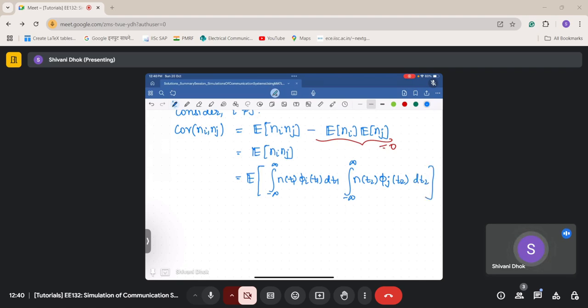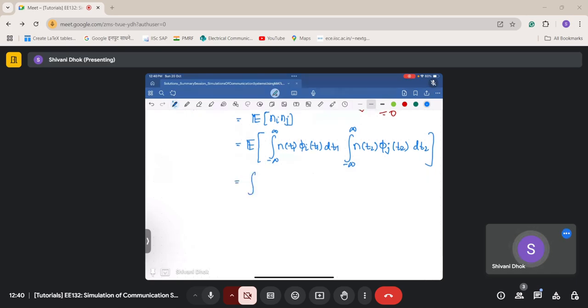I can take the integrals common. Let's do one step at a time. Expectation of the double integral from minus infinity to infinity of n(t1) n(t2) phi_i(t1) phi_j(t2) dt1 dt2.